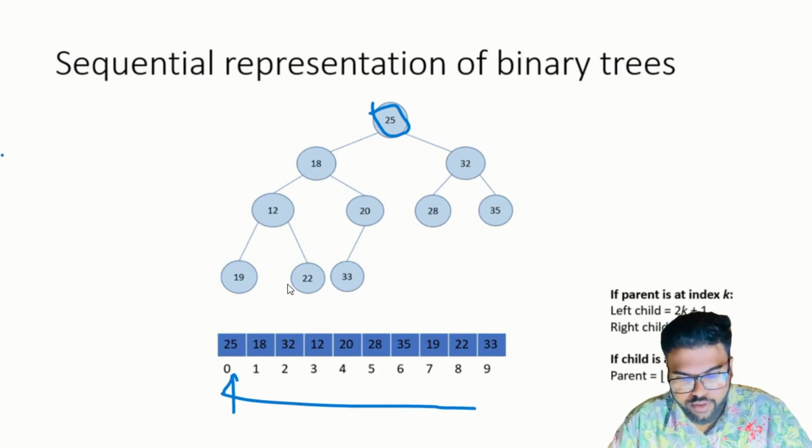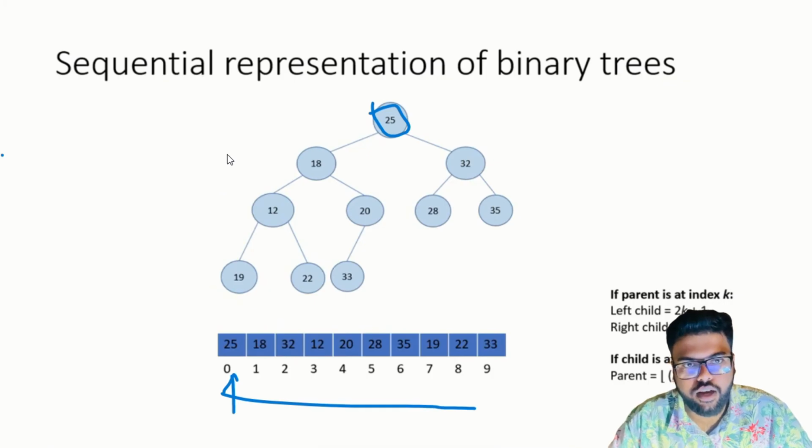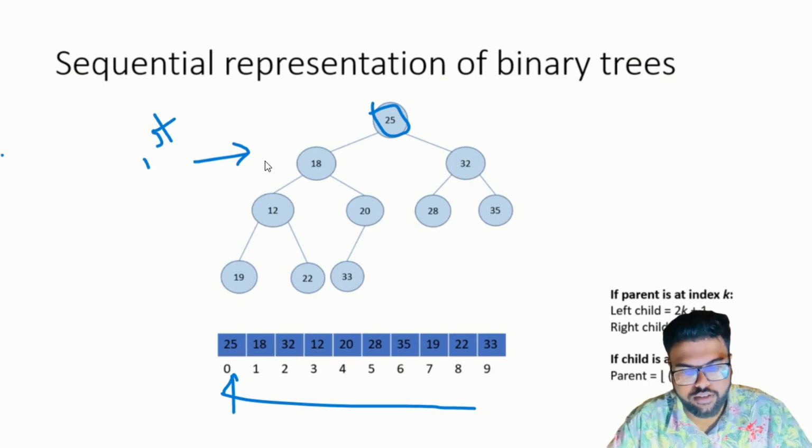Next, after the 0 level comes the first level. This is the first level. Then store 18, 32. The 18 and 32 are children nodes of 25.